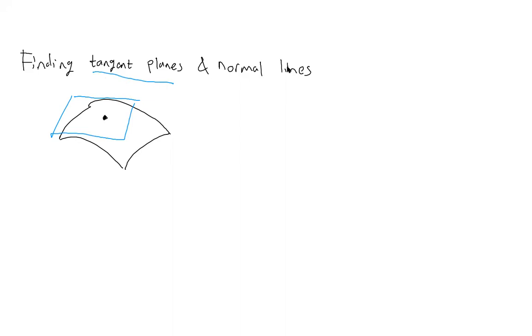And the normal line, meanwhile, is simply the line that's orthogonal to that plane at that point. That's all we're really looking at. This is the image we should be thinking of whenever we're dealing with these kinds of problems. If you keep this image in your mind, it will make certain other things work out a lot more nicely and will help you remember how to go about doing these things.